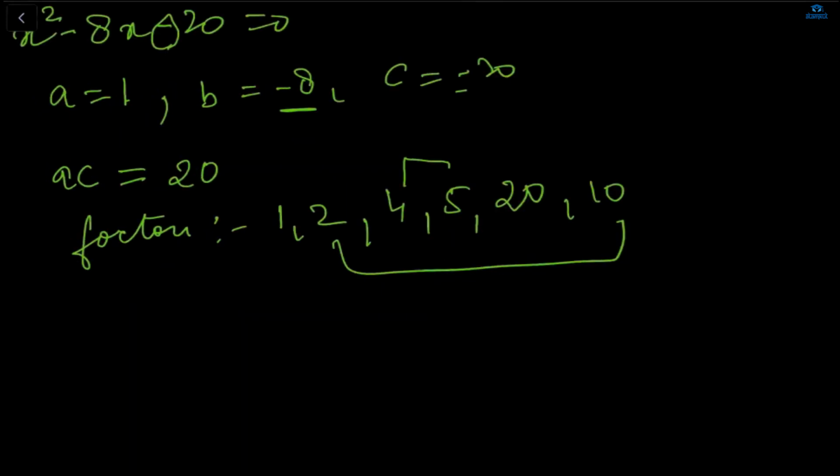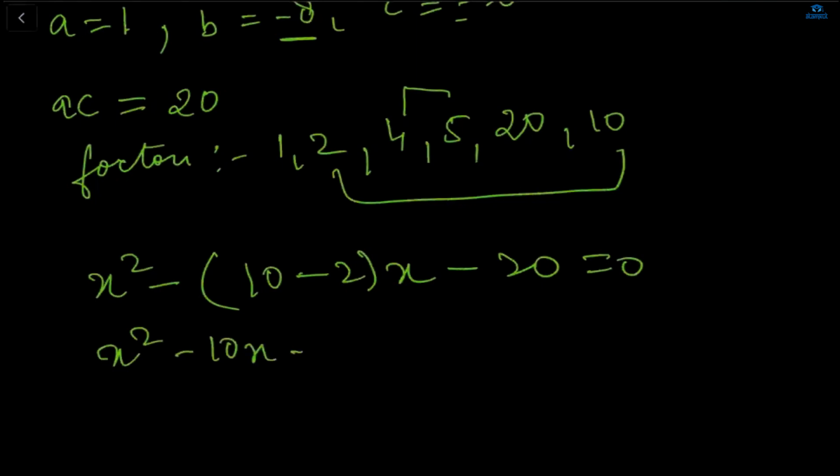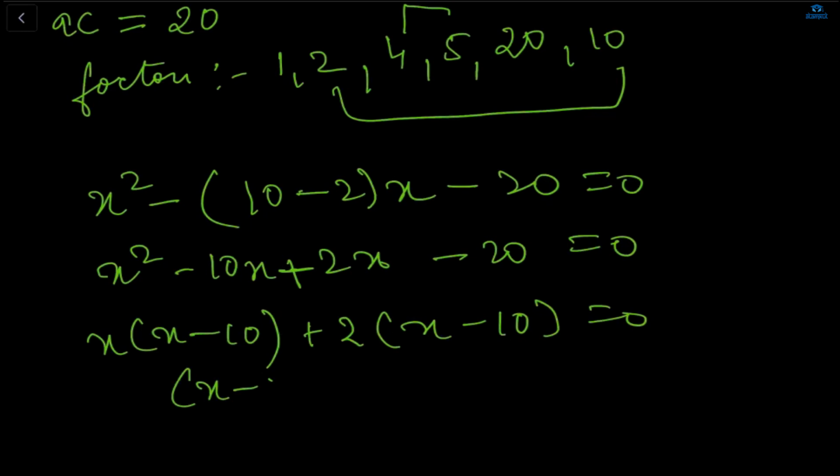So x square minus 8x can be written as x square minus 10x plus 2x, and minus 20 is equal to 0. When you take common, you will get x minus 10, and from 2x minus 20 you take 2 common, so again x minus 10. So x minus 10 and x plus 2 is equal to 0.